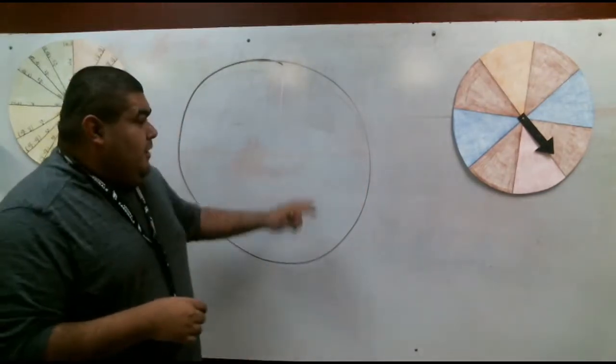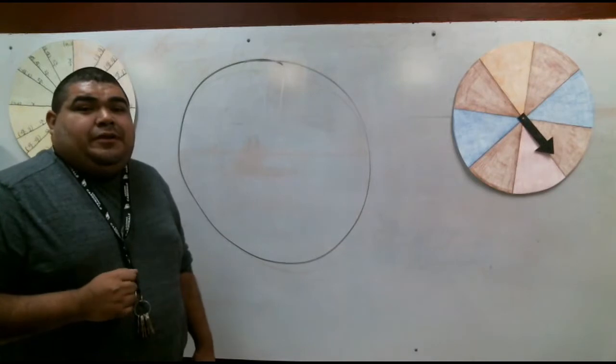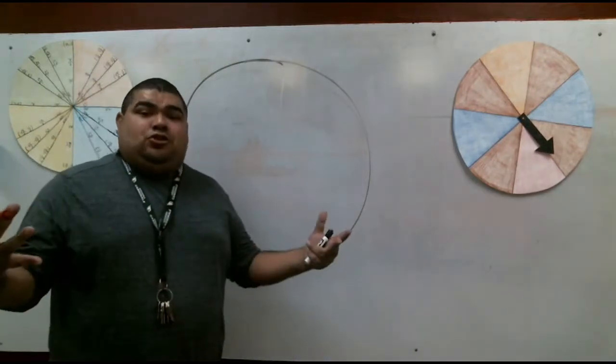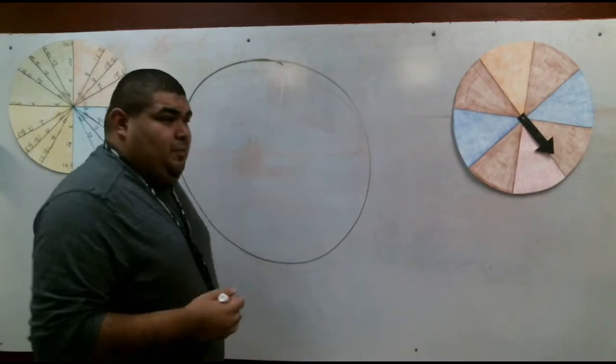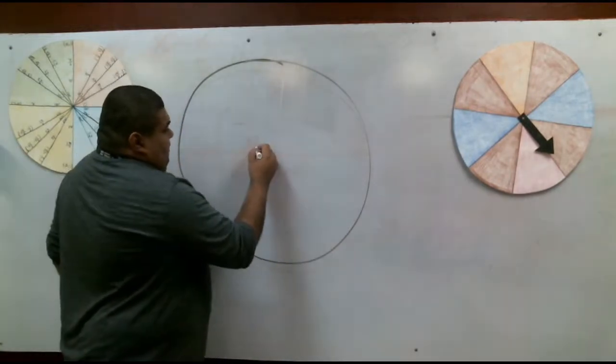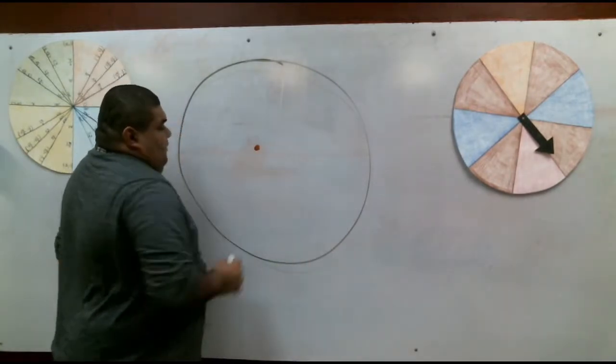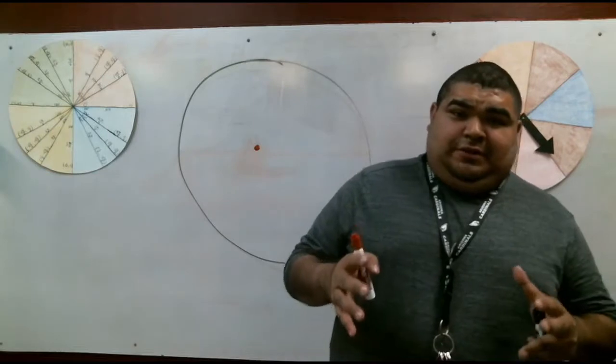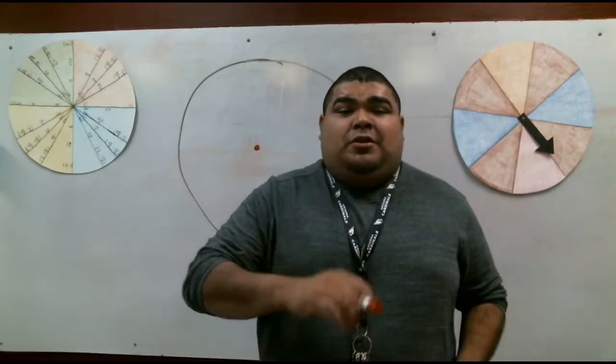On our circle here, this circle has an origin or a center, shall we say. So we're going to put a little dot on the center. That's our center of a circle. The first part on this circle is we're going to make a line that goes from the center to the edge of the circle.